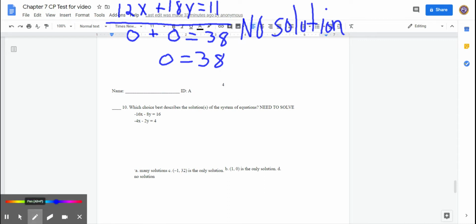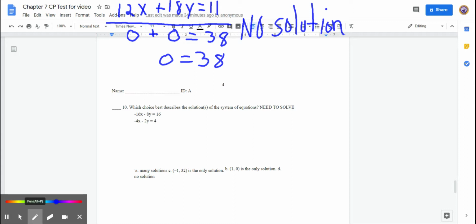If we're doing number 10, it says which choice best describes the solution of the system. And I told you that you needed to solve the solution. All right. So if you look at the x's, one has -16 and one has -4. Well, if I multiply that -4 by -4, it becomes +16.